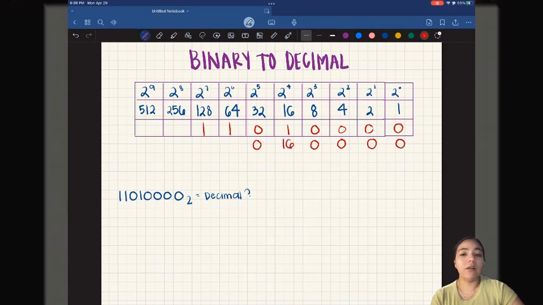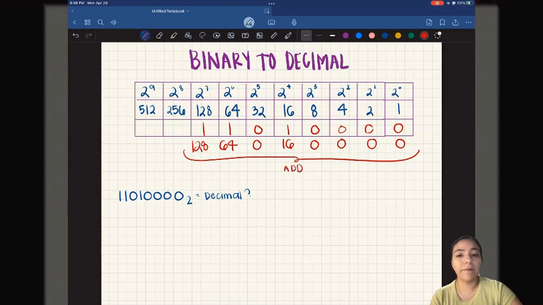When our third row is 1, that's where we put the value of the 2 power. So 2 to the 4th is 16, so we have a 1 for 16, and then over here 2 to the 6th is 64, and then 2 to the 7th is 128. Now all of those values at the very bottom, we want to add up.